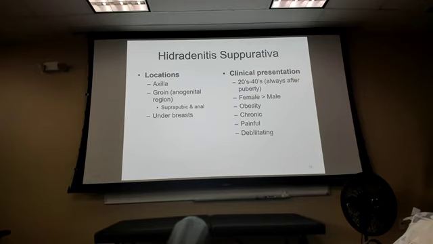Obesity, it's not just going to come and go away. It will be chronic, and we could send them to surgical or somewhere else that will cut it out. It hurts. It can be debilitating. These are those things.